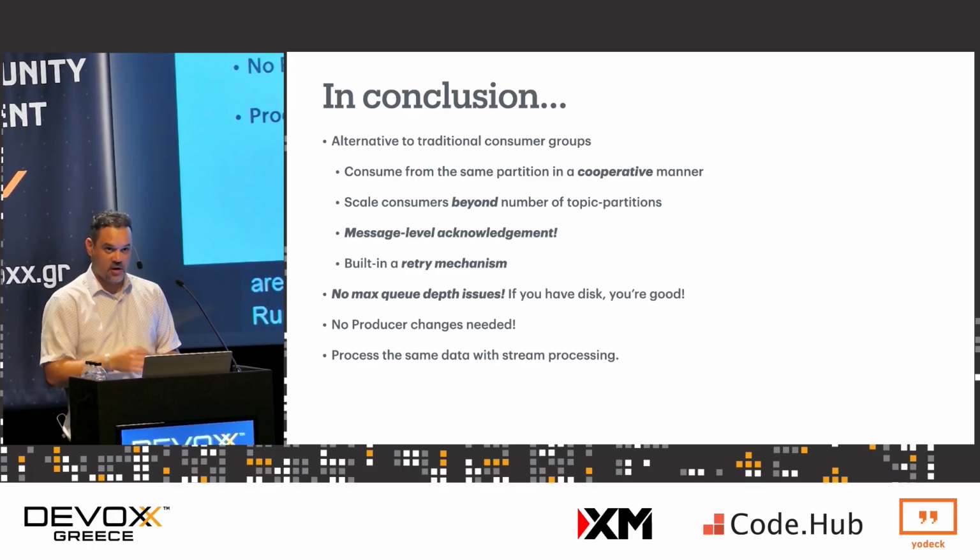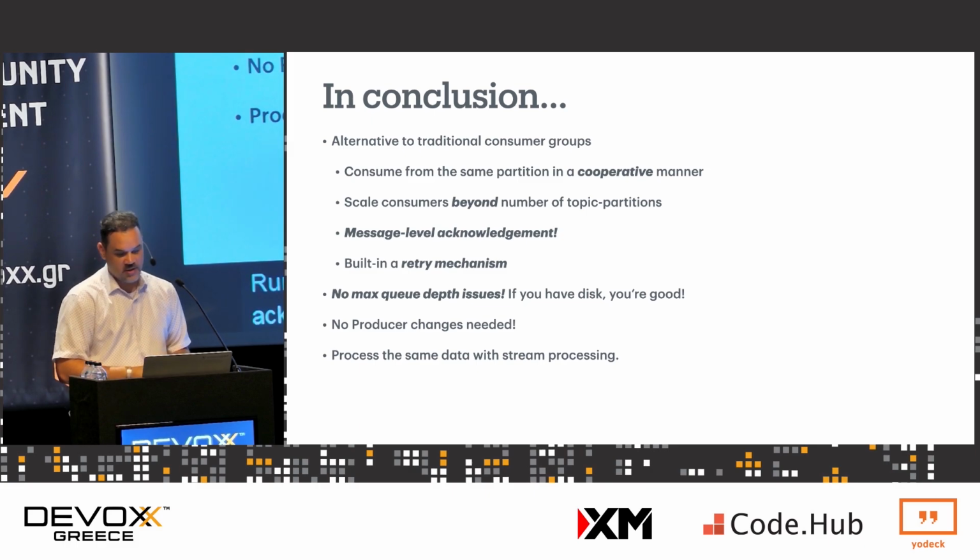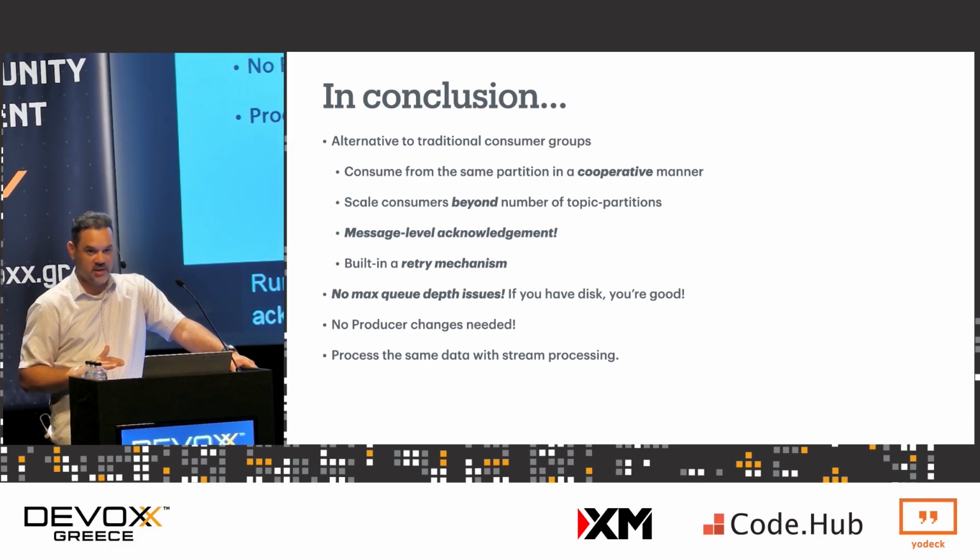This Kafka Share Consumer gives you this message level acknowledgement and a built-in retry mechanism. The other thing is your producer code didn't change whatsoever. Your producing applications still write events the same way they always have. Nobody's influenced on that side. You know how in ActiveMQ, and I remember this from my horror stories of WebSphere MQ back in the day, there's a max queue depth where your broker will start back pressuring the applications that write to it.